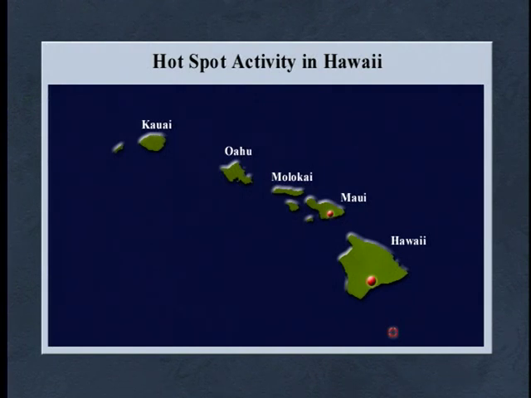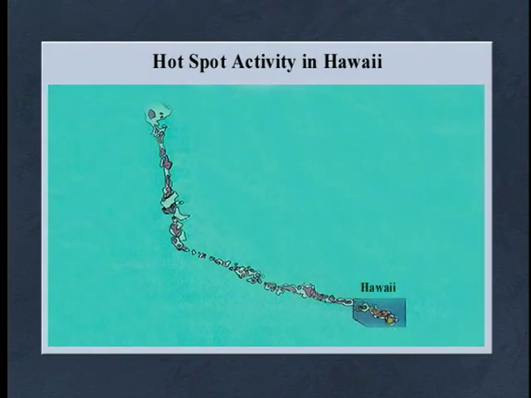The great dormant volcano, Haleakala, still has a little bit of volcanic activity left, and it last erupted in about the 1700s. And then older volcanic islands, including Molokai and Oahu and Kauai, are now extinct. They've moved to the northwest along with the Pacific plate, and they're gradually eroding away. And then look at this, a series of former islands now under sea mountains. They stretch hundreds of kilometers farther northwest. So the Hawaiian hotspot has been active for at least tens of millions of years.